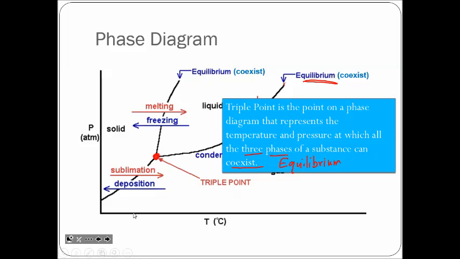Up here, too, one thing to note, this part between a gas and a liquid is called the critical point. And this is where we have something called supercritical fluids. The pressure gets so high that it's trying to push them together.